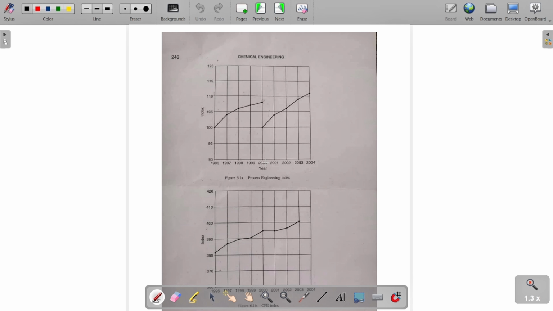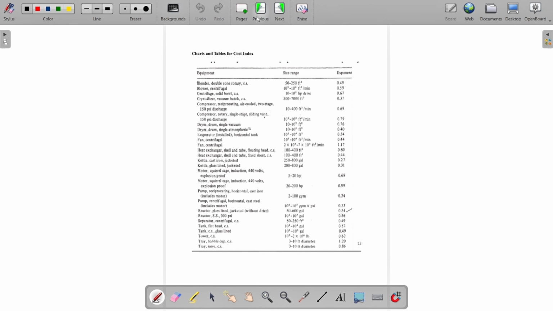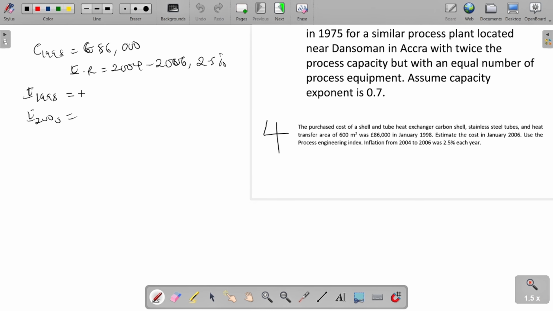Then for 2000, since we are using the first one, the index there is like 108 from here. So that can help us to actually calculate the cost in 2000 using a cost index formula.